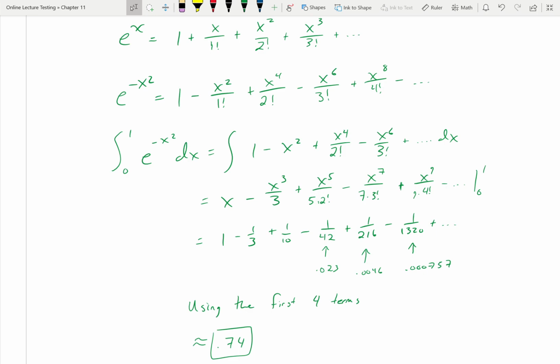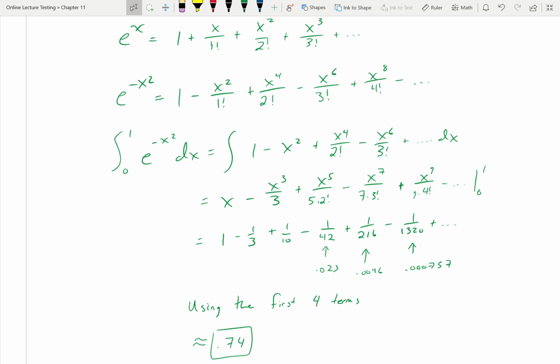So this is why this particular section is so important for mathematics in general, because we can use these as approximation tools, which is awesome. And so that's where section 11.11 is going to come into play, establishing what applications we can talk about and what accuracies we can use this for.